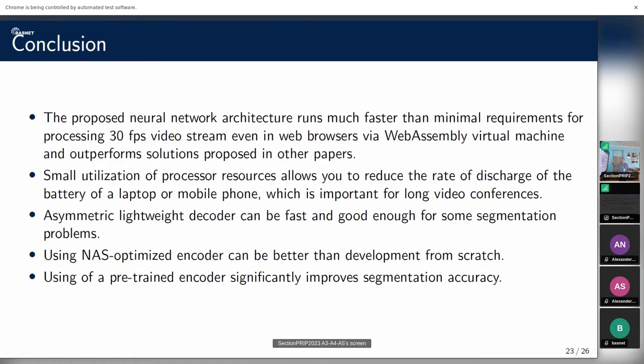And in conclusion, the proposed neural network runs much faster than the minimal requirement, and the small utilization of CPU allows reducing the rate of battery discharge on laptops and mobile phones. That's very useful for long video conferencing calls.